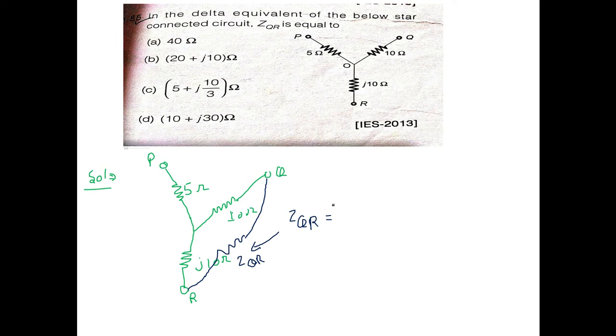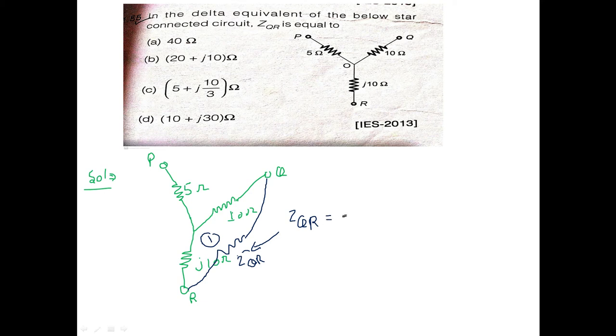As I already said, we have to find the outer resistance. We will see how this ZQR is enclosed in this loop, or in this triangle. So we will see the resistances occurring in this particular loop.